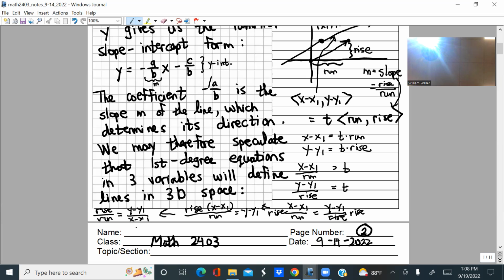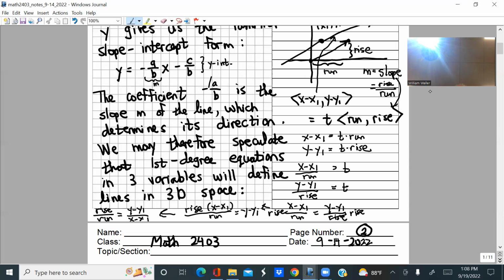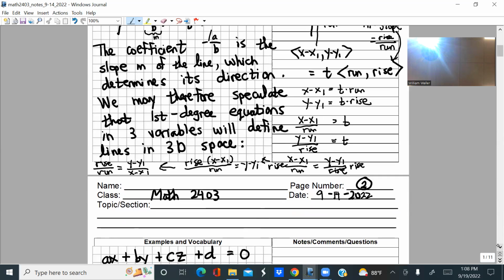So y minus y1 over x minus x1 is rise over run. But what's rise over run better known as? Slope. So finally, running out of room here, we get that the slope is y minus y1 over x minus x1.